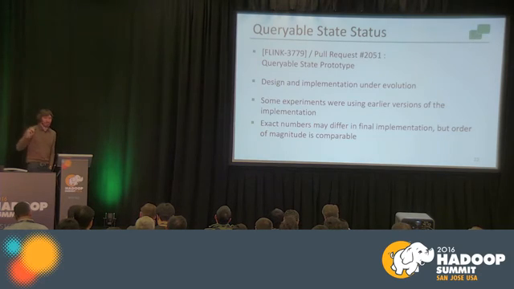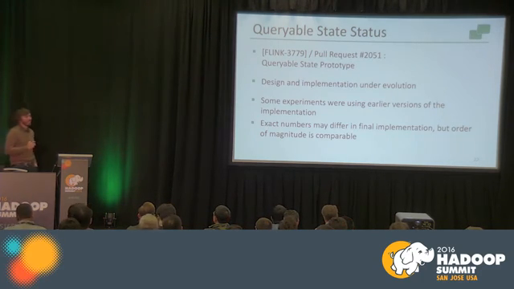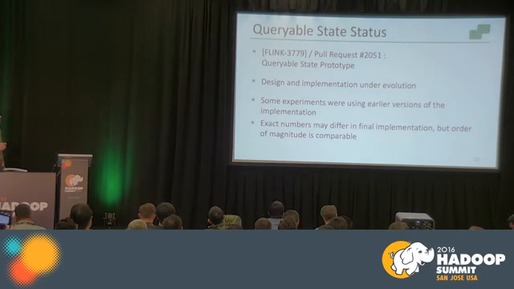What is the status in Flink in working on queryable state? We've basically done a proof of concept. We've iterated over the implementation a couple of times. It's not yet in a release version, but the code is available in a pull request or in a branch, also with some design docs, with some evaluation and so on.